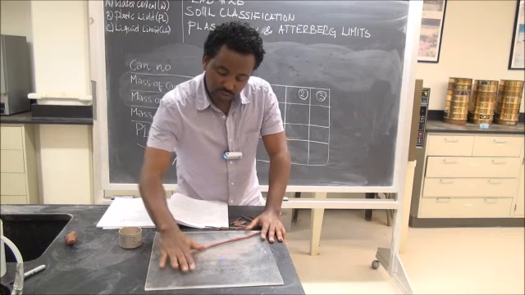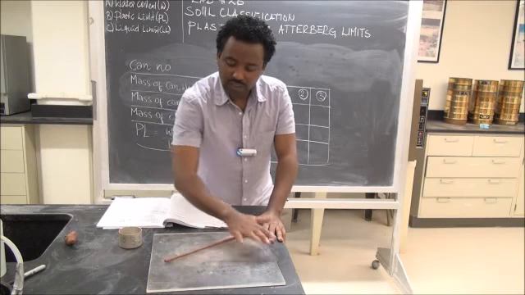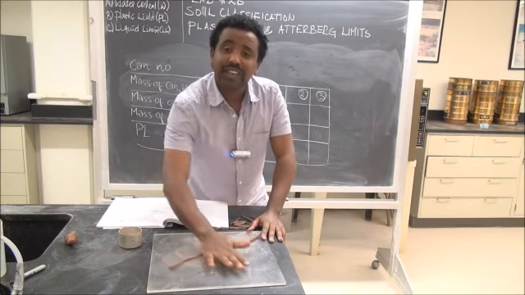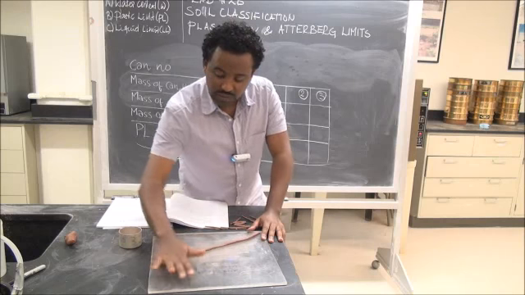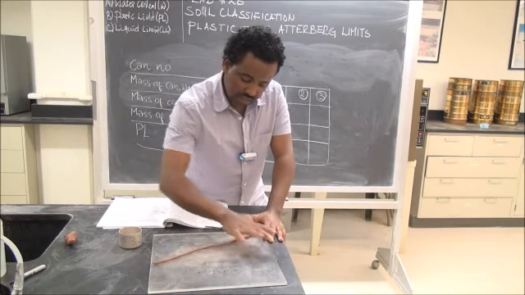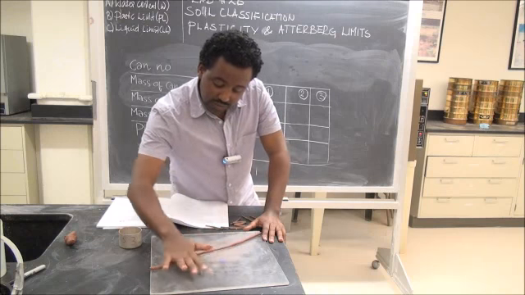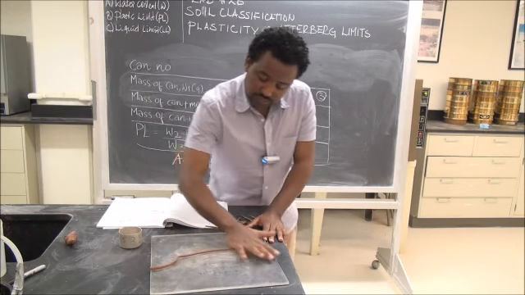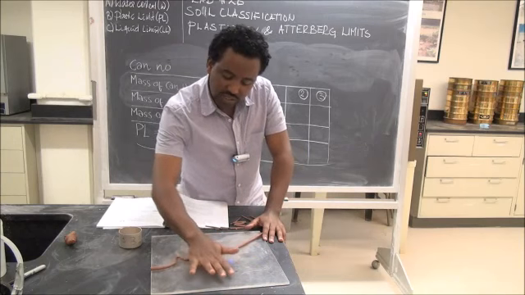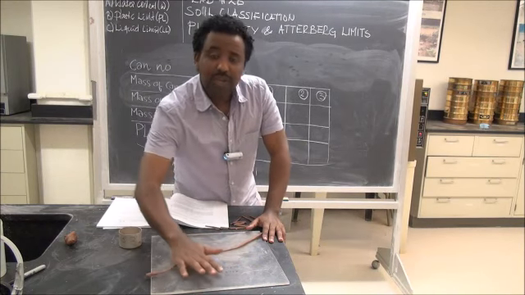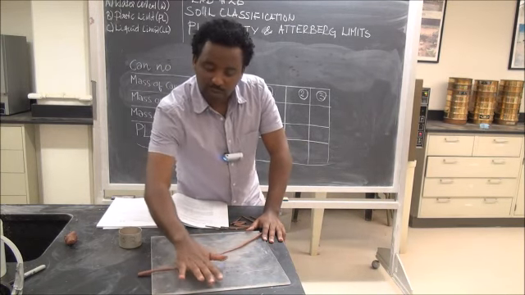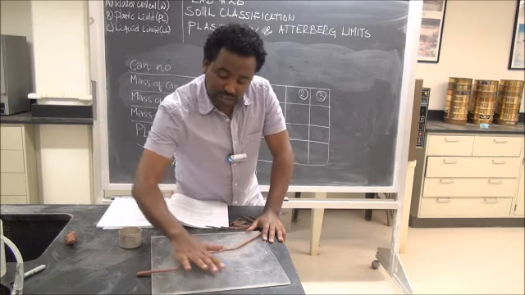So you do this uniformly over the whole area, and it gets thinner and thinner. And once you do that, you'll find at last that it will start to crumble at about 3 millimeter or 1/8 of an inch.